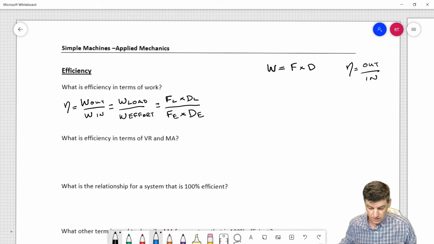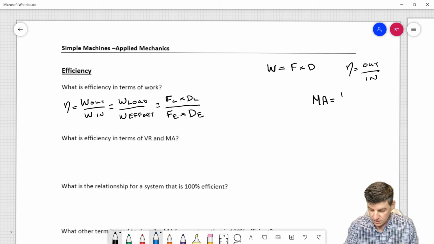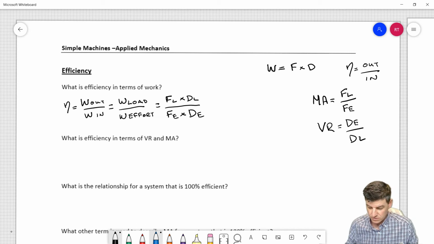Okay, and so this is kind of interesting if we get to this point, because we've already come up with a few ratios. We had mechanical advantage, which was the force of the load compared to the force of the effort. And we had VR, which was the distance that the effort moves compared to the distance that the load moves.